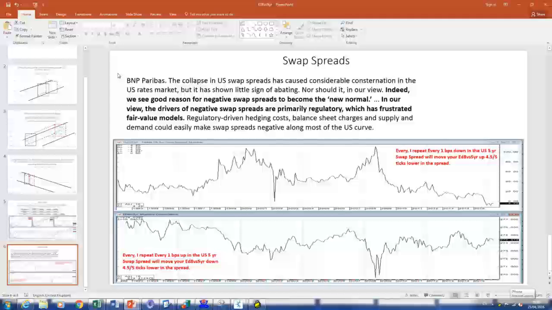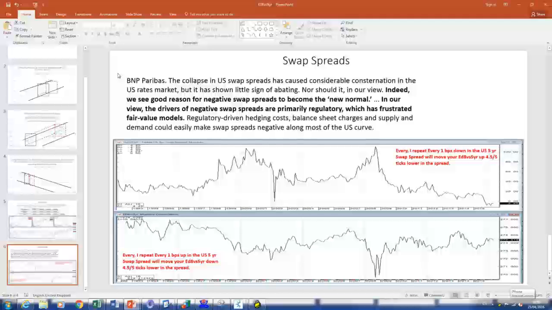The collapse in US swap spreads has caused considerable consternation in the US rates market, but it's shown little sign of abating. I can tell you right now, the US swap spreads in the 30 and the 10-year went inverted about 4 or 5 years ago, and they haven't retreated, right?